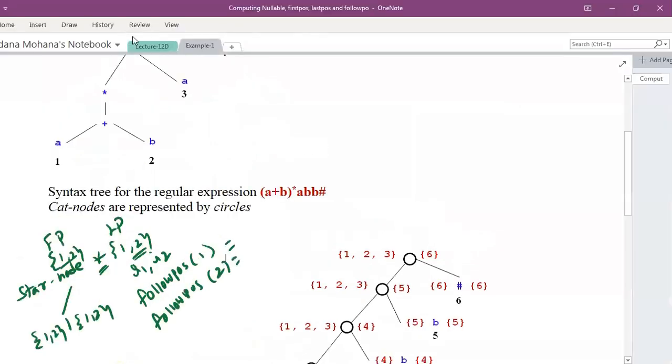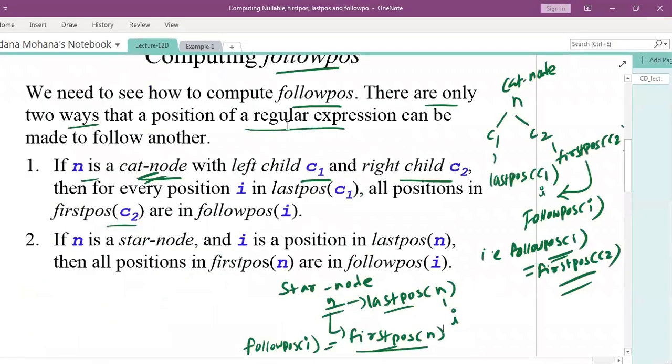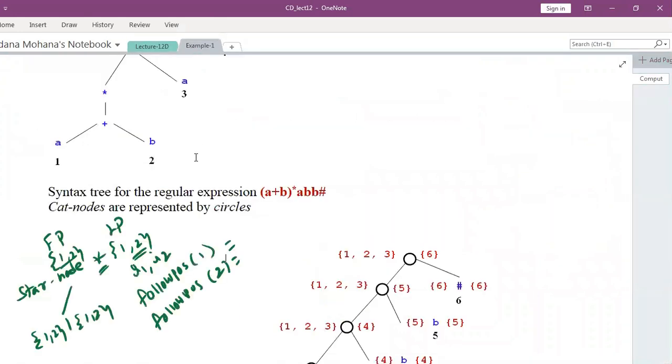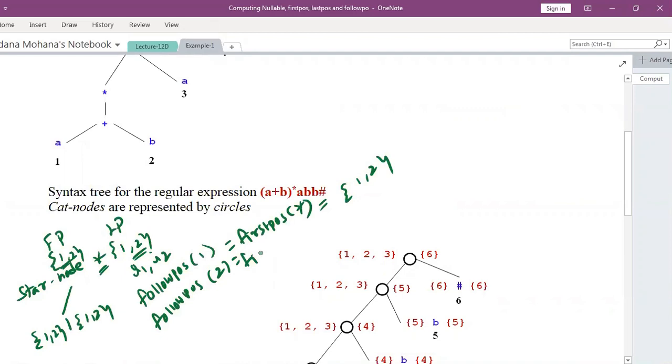What is the rule we used here? You can remember the rule: for the star node, follow position of I equals first position of n. Directly you can take it. That is nothing but the first position of star, which is 1, 2. Similarly, follow position of 2 equals the first position of the star node, which is 1, 2. So these are the follow position of 1 and follow position of 2. This is for the star node.